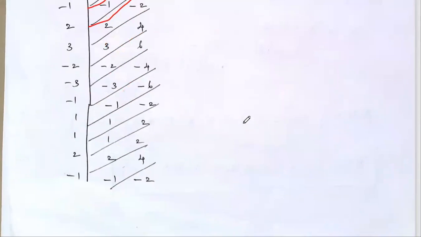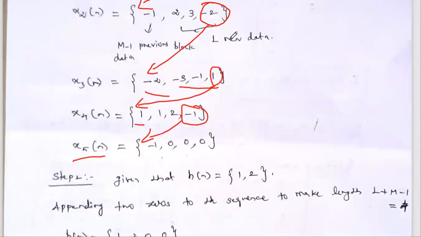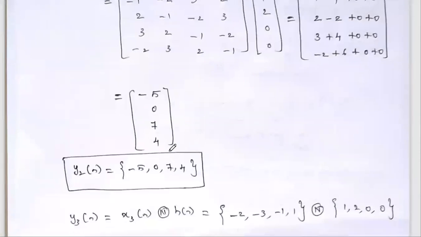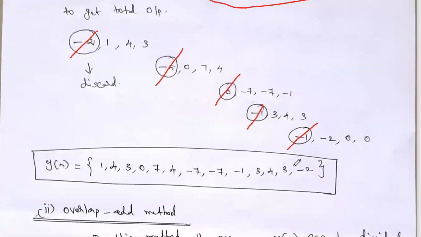If we construct only x1, x2, x3, x4 and perform circular convolution, and after that discard the results, we will not get the last data, minus 2. We only get this number of results. How many results? 1, 2, 3, 4, 5, 6, 7, 8, 9, 10, 11, 12. Only 12 outputs.